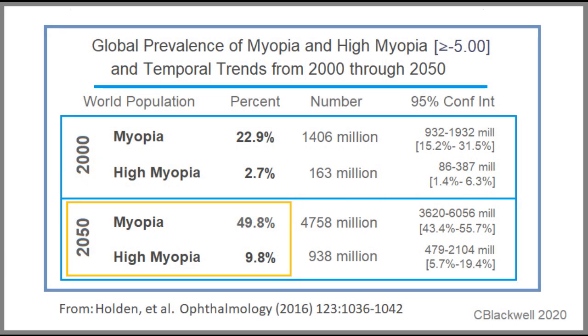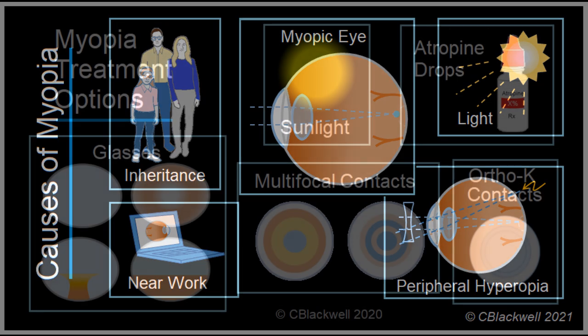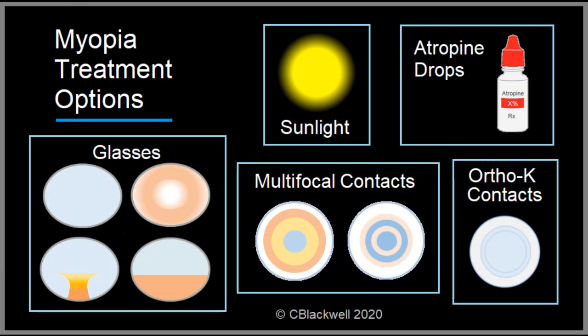The figures from Holden showed us that by the year 2050, almost half the world will be myopic and almost 10% will be highly myopic, with all the risks that carries. As we said in the beginning, understanding the causes of myopia remains a work in progress, and developing treatments also remains a work in progress, but worth our attention.